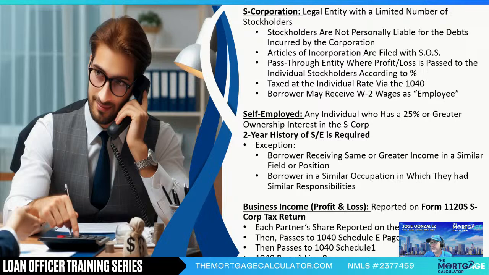Typically, in the findings that you're going to get in the agency loan, the borrower is going to need to provide at least 12 months worth of income for that income stream in the last tax return, right?